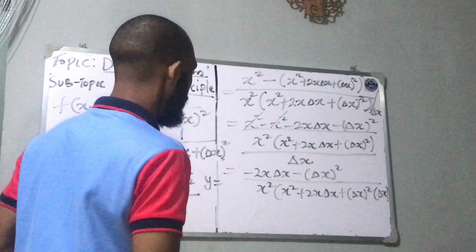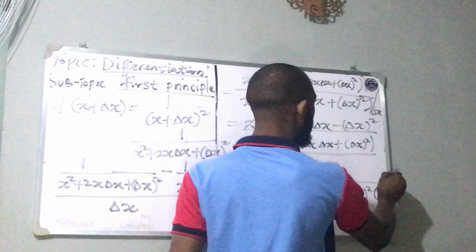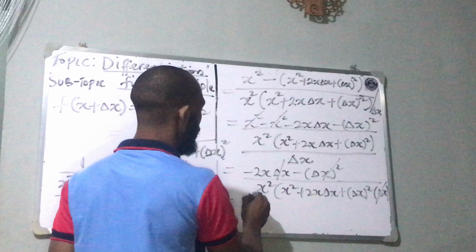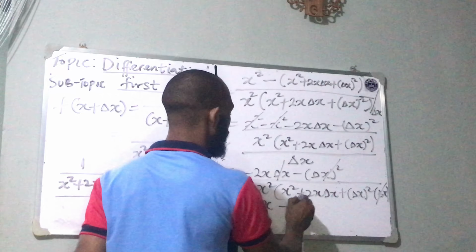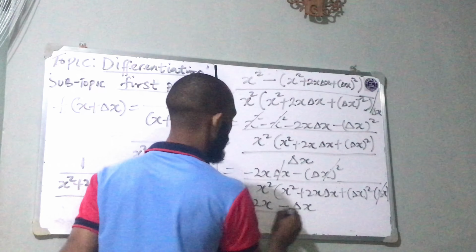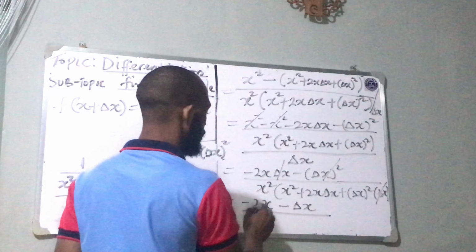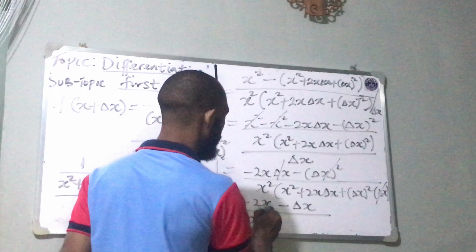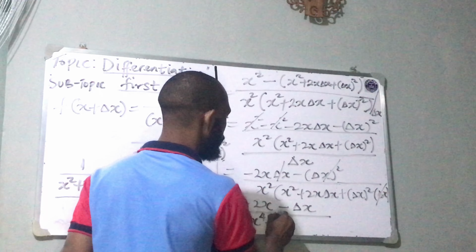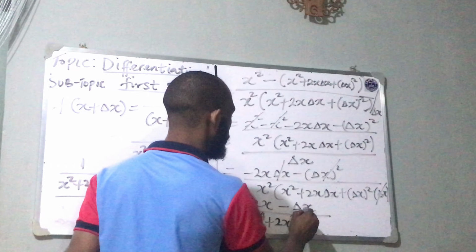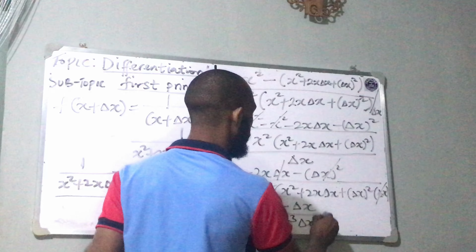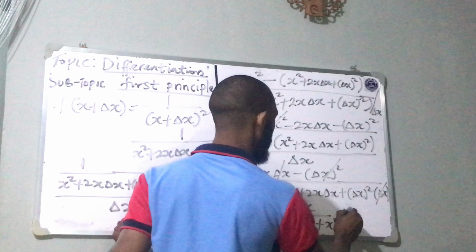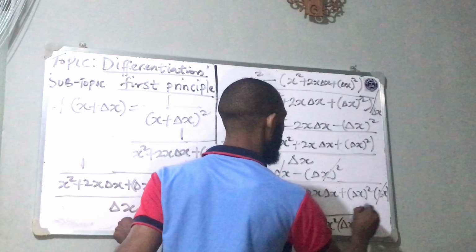Okay, now from here I can reduce my change in x with this and this, then I'll have minus 2x minus change in x all over. I can decide to open this, so I have x raised to power 4 plus 2x cubed change in x plus x squared change in x all squared.